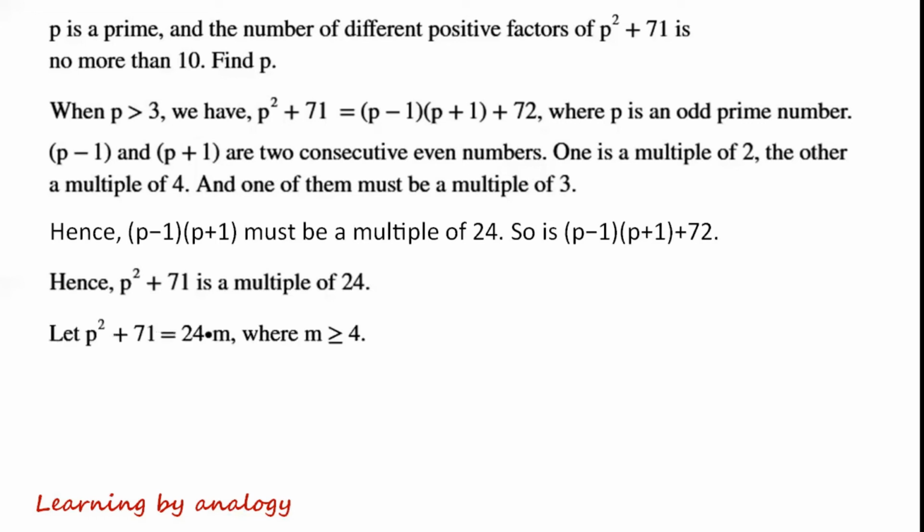Let p squared plus 71 equal 24 times m, where m is greater than or equal to 4. This can be written as 2 to the power of 3 times 3 times m.